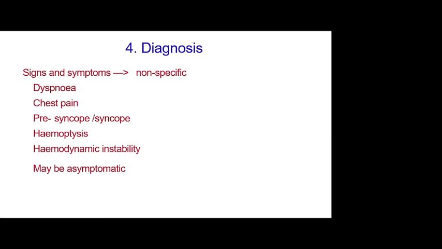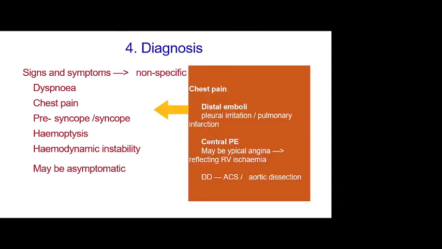When it comes to diagnosis, as I mentioned, it should be prompt. We have to have a good suspicion of pulmonary embolism when the patient presents. The problem is the symptoms and signs are non-specific. Patients will come with dyspnea, chest pain, presyncope or syncope, hemoptysis, haemodynamic instability, and another important thing, the patient may be asymptomatic.